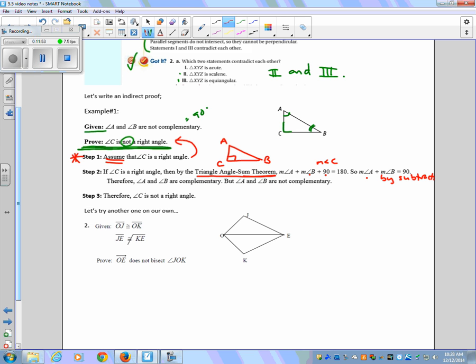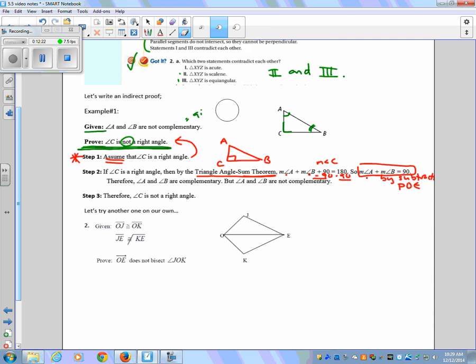The triangle angle sum theorem says the three angles add up to 180. So if you subtract 90 from both sides of this equation, by the subtraction property of equality, you get the measure of angle B plus the measure of angle A equals 90 degrees. Therefore, A and B are complementary.